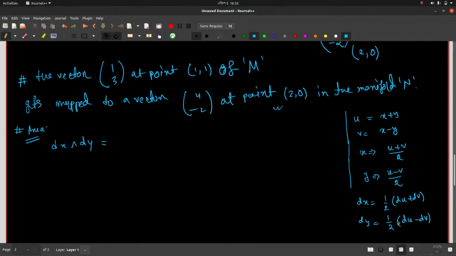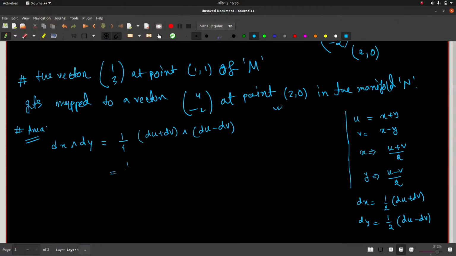And then if you want to evaluate this wedge product, or find the area form or the volume form, whatever you want to call it, this is just 1/4 (du + dv) wedged with (du - dv).